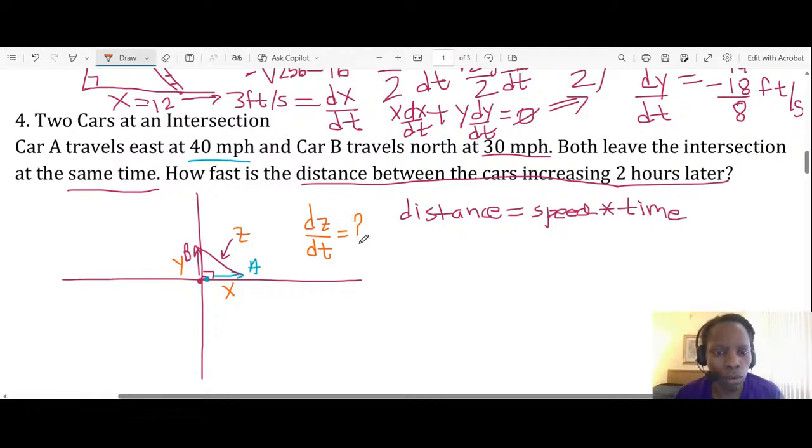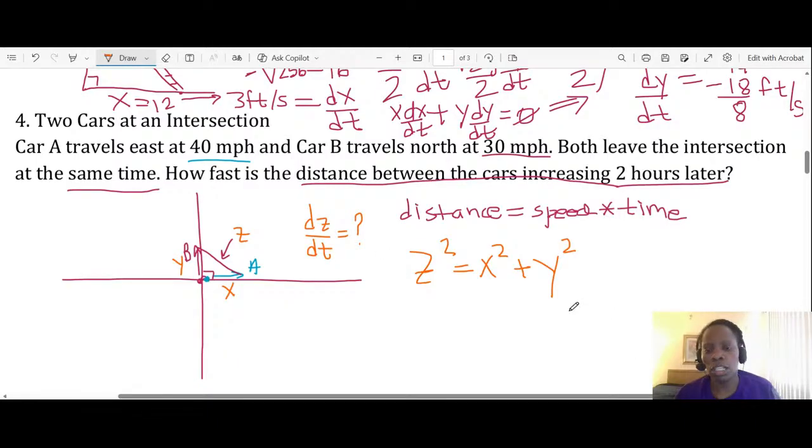So what formula do we need to take the derivative of? We need to take the derivative of the Pythagorean theorem, right? Z squared is equal to x squared plus y squared.